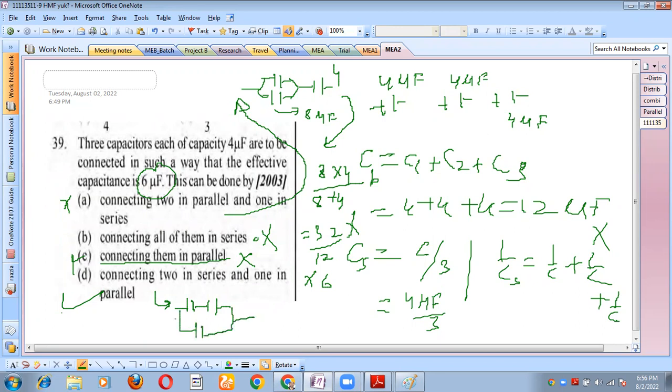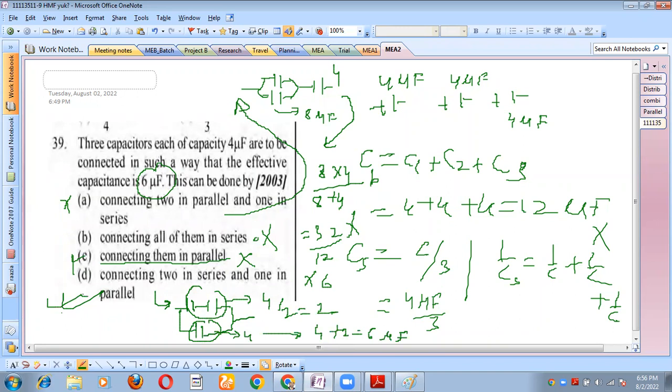So these two capacitors are in series, which means the equivalent capacitance will be 4 by 2, that is 2, and this 2 is in parallel with 4. So we will get 4 plus 2, that is 6 microfarad. So the correct combination is D.